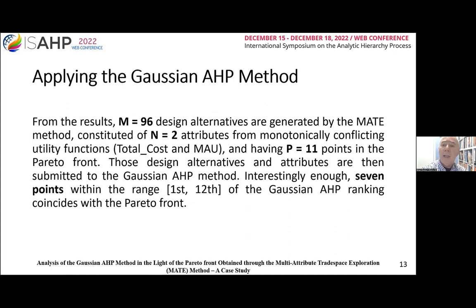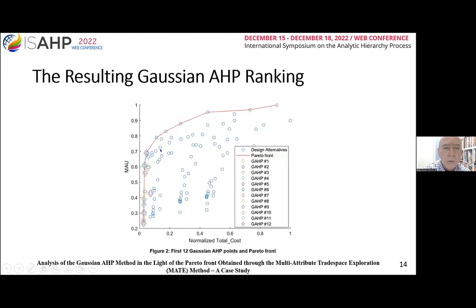Interestingly, 7 points within the range from the first to the 12th of the Gaussian AHP ranking coincided with the Pareto front. As you can see in the next slide, in this graph we have 10 points of the Gaussian AHP ranking coinciding with the Pareto front. On the other hand, in the original Gaussian AHP ranking, only 7 points coincided with the Pareto front.